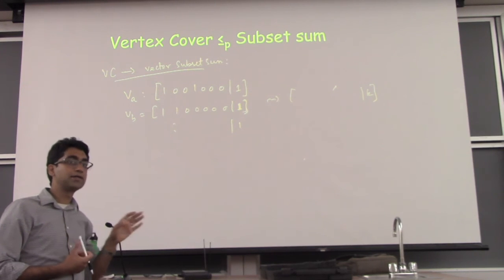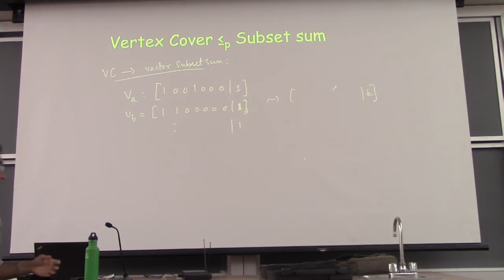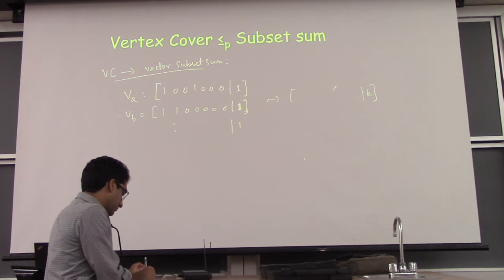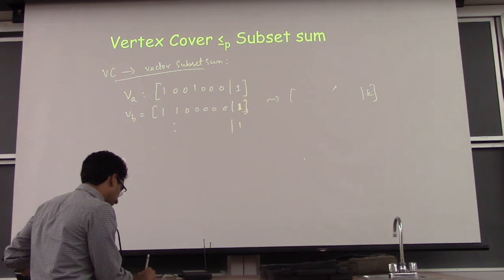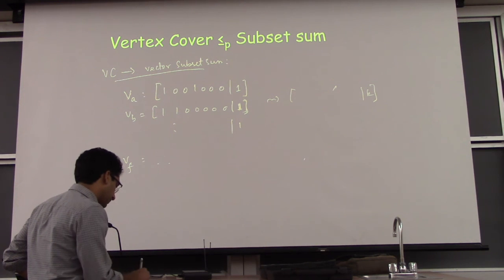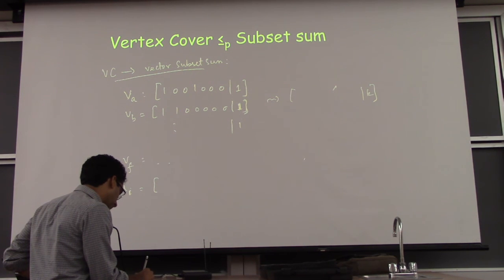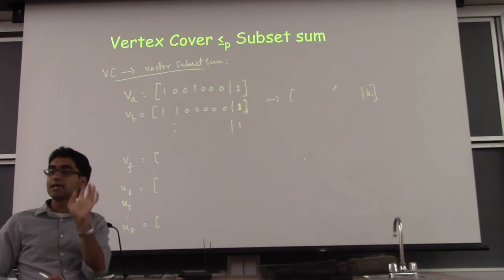This is again a little bit tricky. So I will mention what the answer is, and it's one of these things where it's better for you to go back and work this out. Along with the sets for every vertex, VA up to VF, I also want to have these Uis, U1, U2 up to U7, which have precisely one entry.